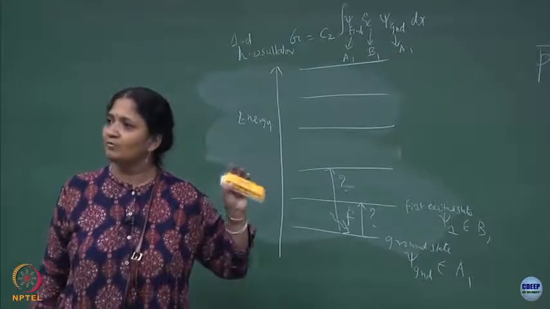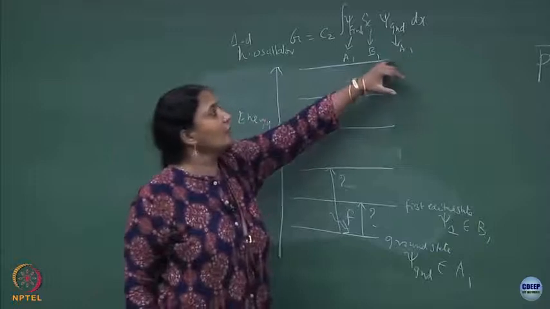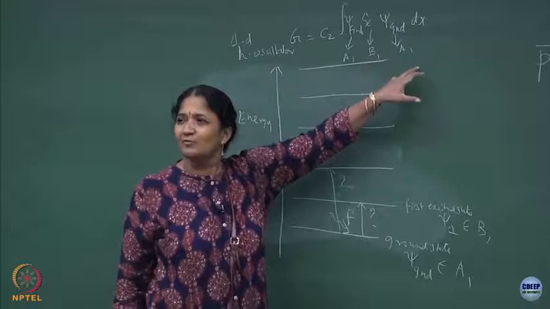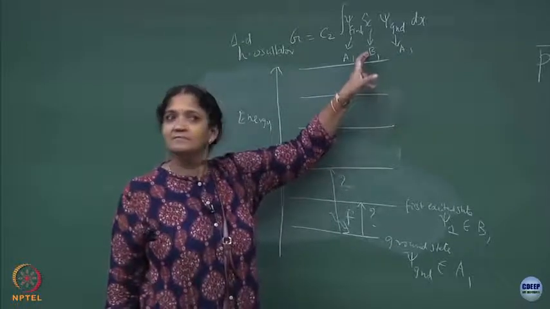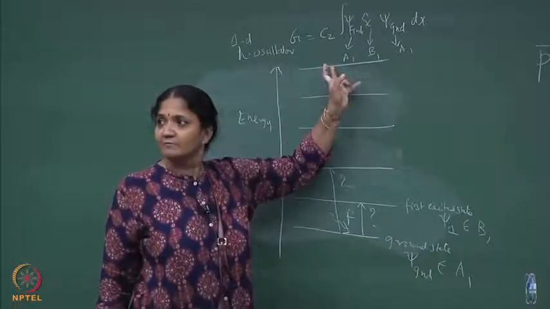You can show that the product of A1 with B1 is again B1, and B1 with A1 is also B1.